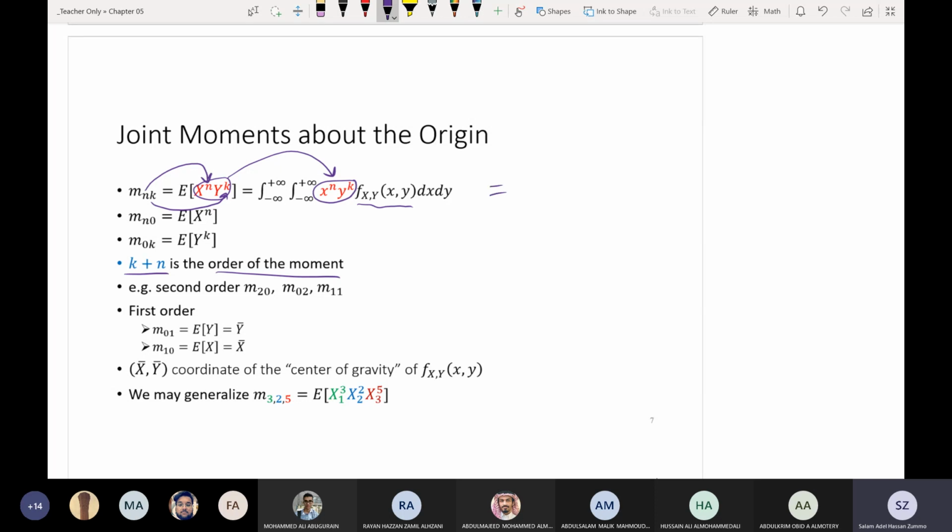Or for discrete, it will be the summation over all xi, summation over all yj, of xi to the power n, yj to the power k, then the joint probability of xi, yj, if discrete, x and y.